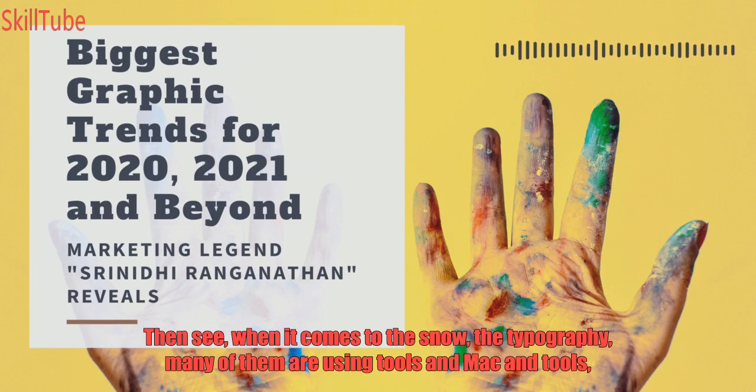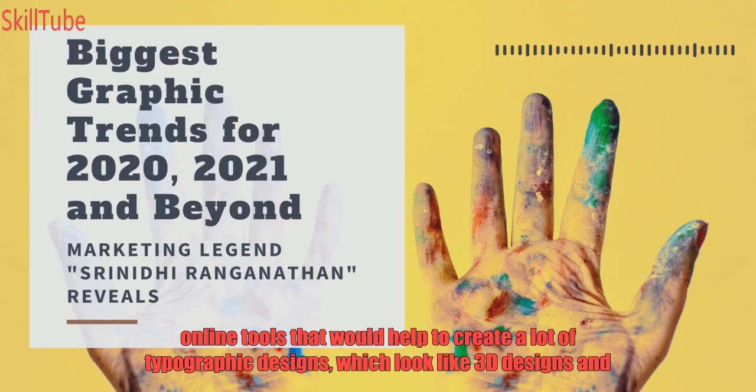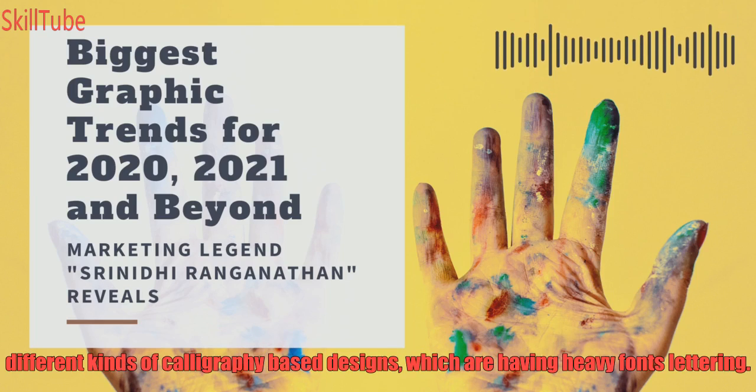Then when it comes to typography, many of them are using tools in Mac and tools online that help to create a lot of typographic designs which look like 3D designs, and different kinds of calligraphy-based designs with heavy fonts and lettering.